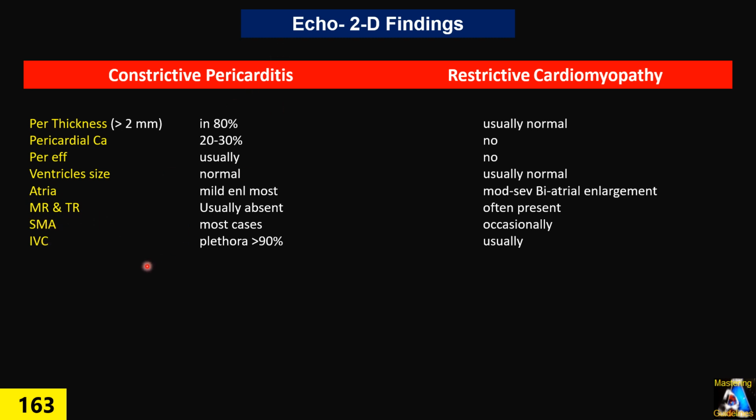Another 2D finding is the size and collapsibility of the IVC. In constrictive pericarditis, in over 90% we have a plethoric IVC, meaning dilated and non-collapsible, or collapsing less than 50%. In restrictive cardiomyopathy, usually we can see that too.